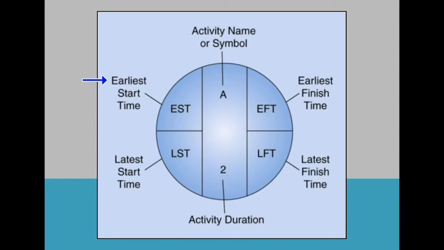EST is earliest start time, LST latest start time, and the activity is represented as a symbol or by a name. The activity duration is represented numerically.